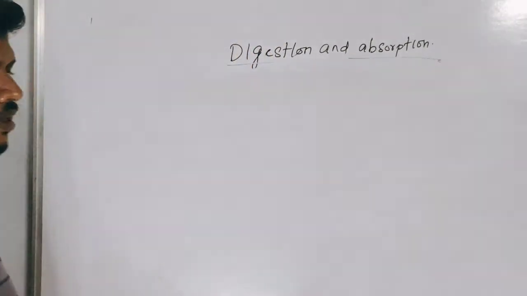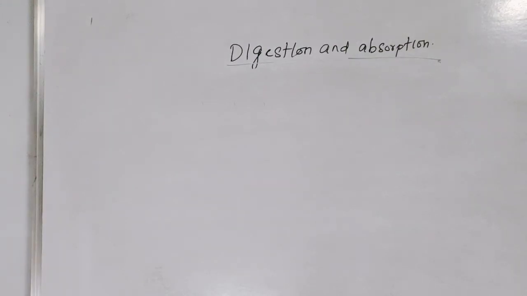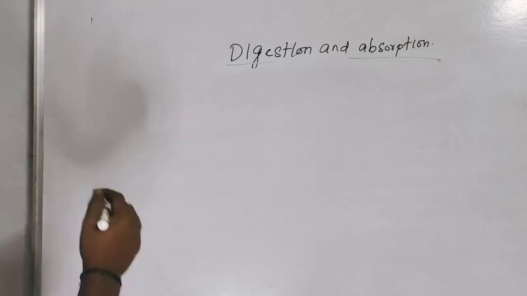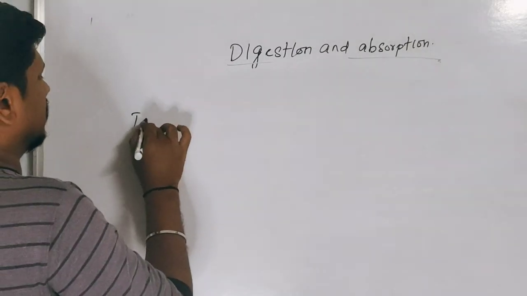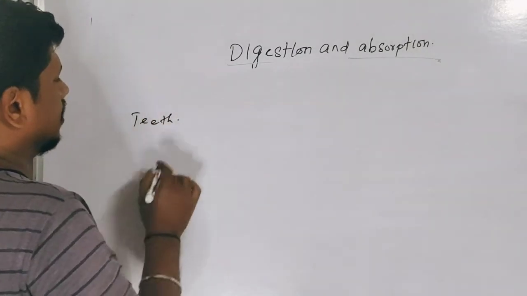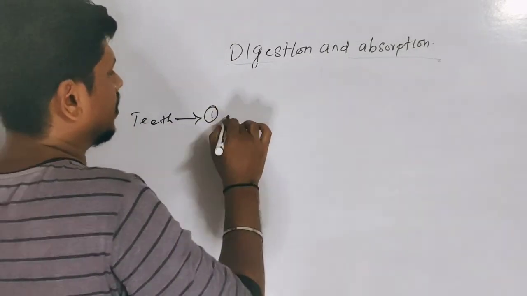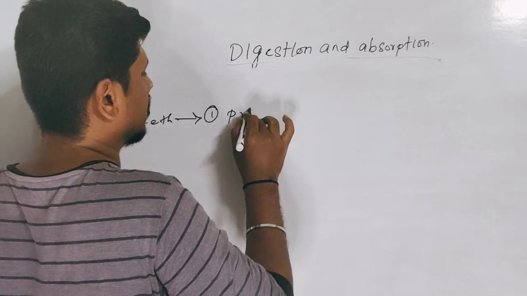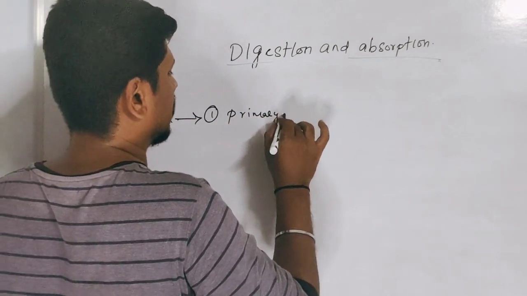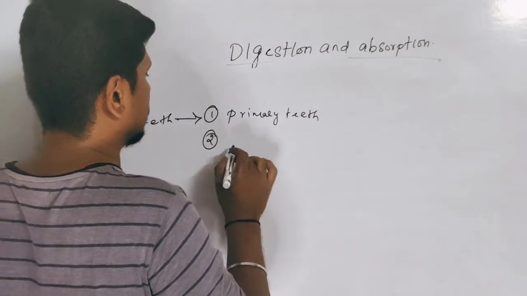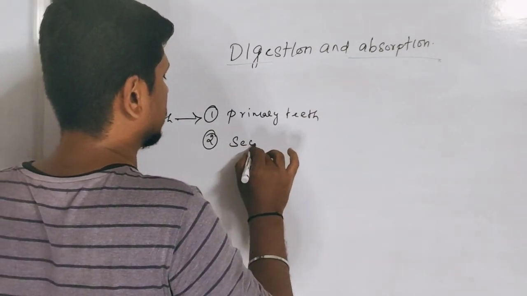Yes, with respect to tongue, saliva, okay. Okay, now I want to start with teeth. These teeth we can classify into two parts. One is primary teeth. Another one is secondary teeth.